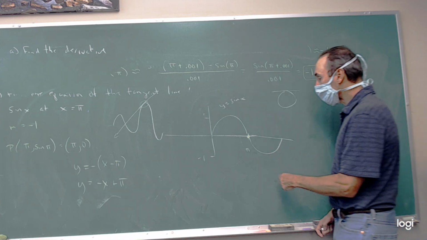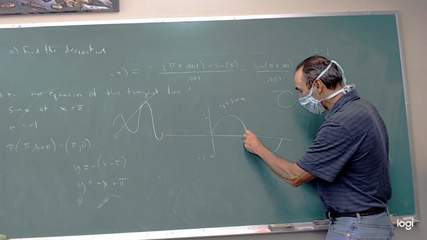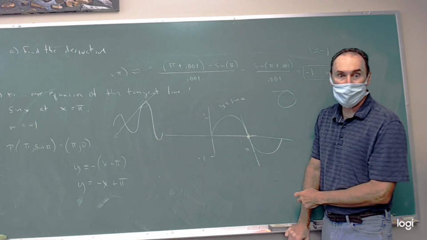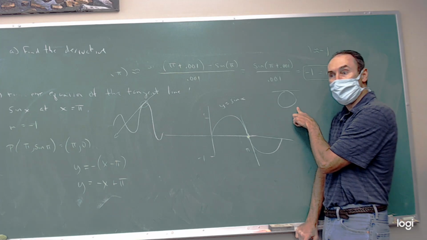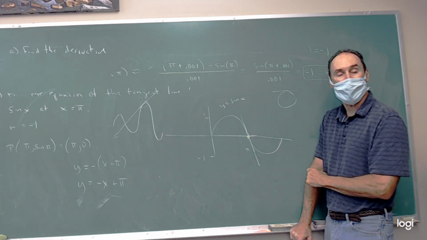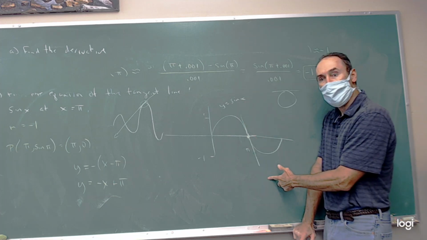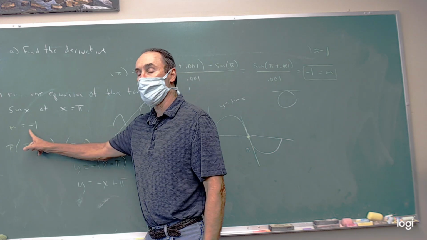So here, our tangent line, we're saying, has a slope of -1. It's looking like this, which seems really weird that that's a tangent line in the context of what we know in geometry. But for our purposes, that's what's happening there. That is our tangent line to the curve. A line at pi 0 with slope -1.